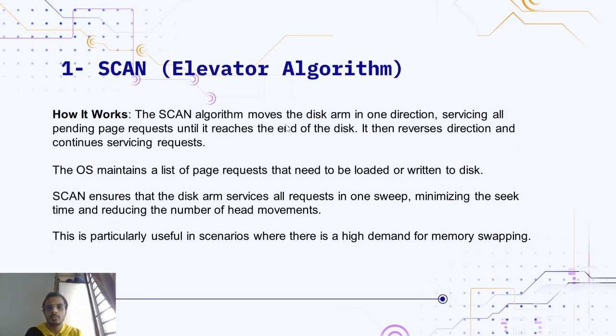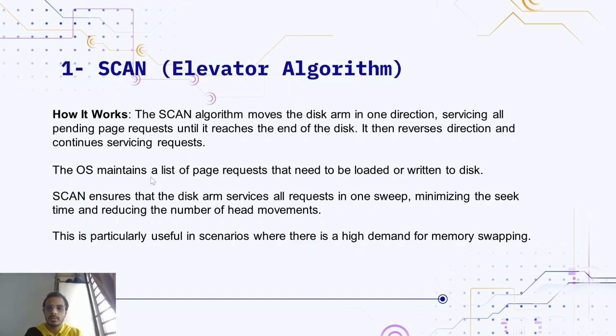The SCAN algorithm moves the disk arm in one direction, serving all the pending page requests until it reaches the end of the disk. Then it reverses direction and continues serving requests. This is why it's called the elevator algorithm, because the arm will move in one direction until the end, serving all the requests on the way, and then it will go back, also serving all the requests.